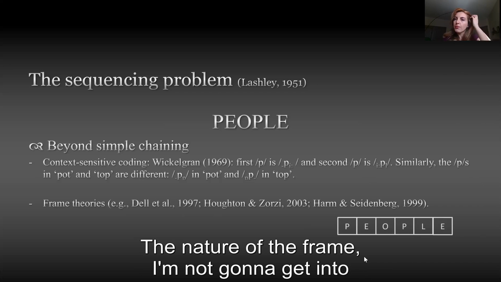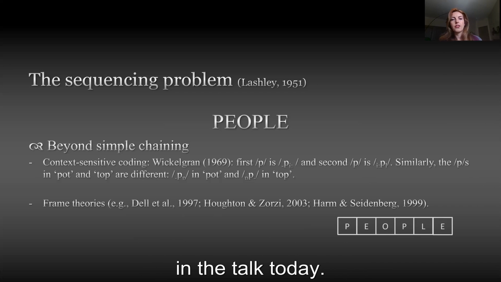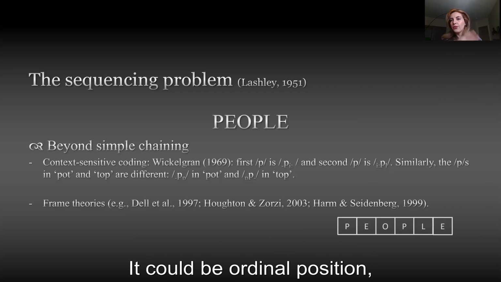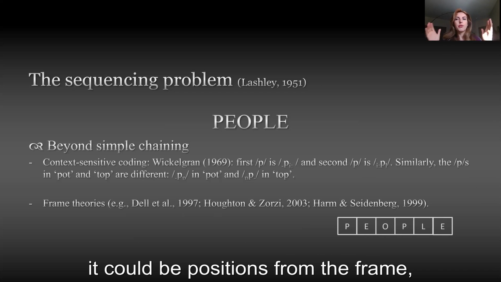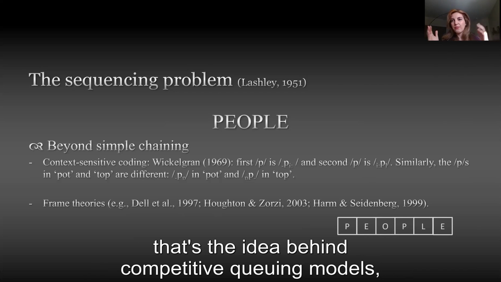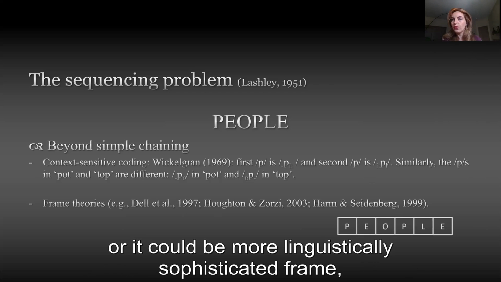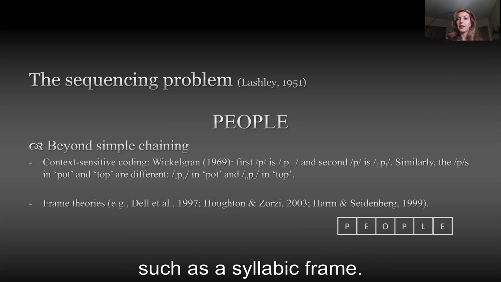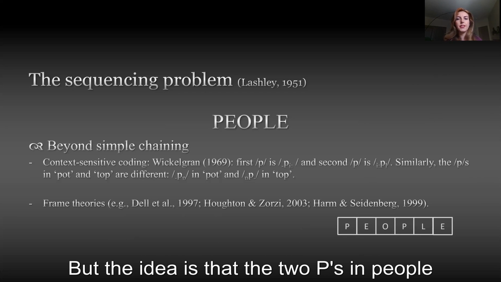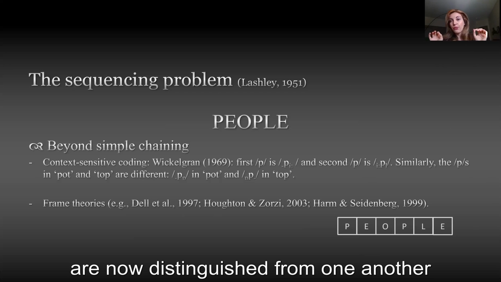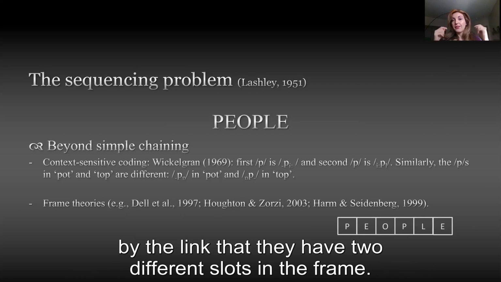The nature of the frame I'm not going to get into in the talk today. It could be ordinal position, it could be positions from the frame, that's the idea behind competitive queuing models, or it could be more linguistically sophisticated frames such as a syllabic frame. But the idea is that the two P's in people are now distinguished from one another by the link that they have to the different slots in the frame.